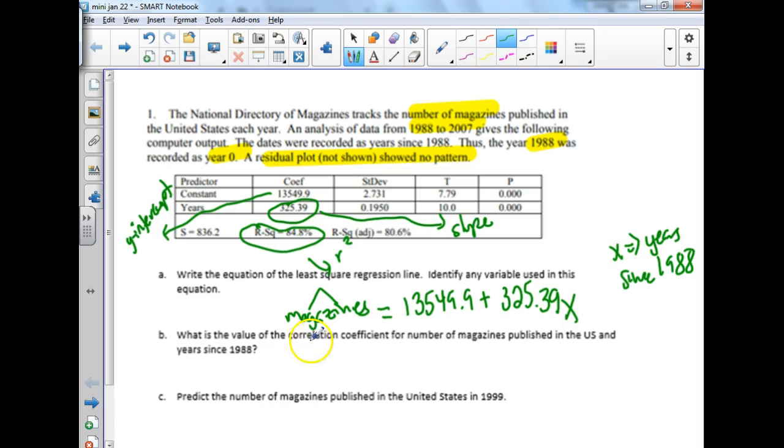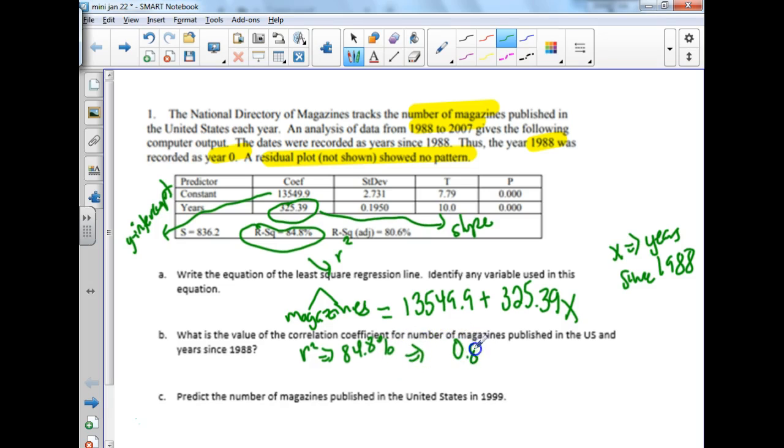Now it says, what is the value of the correlation coefficient? Your correlation coefficient is r. We were given r squared, and in grading, a few of you got this correct, but a couple of you made one simple, easily rectifiable mistake. My r squared in this particular case is denoted as a percentage.